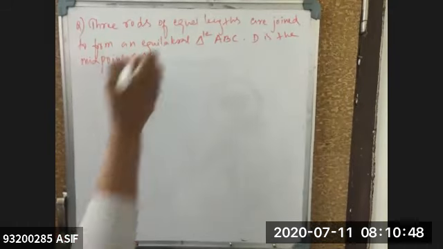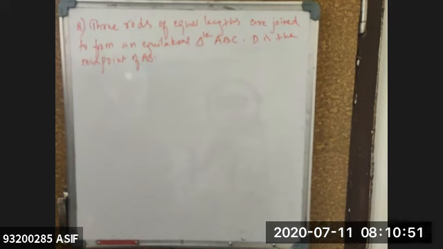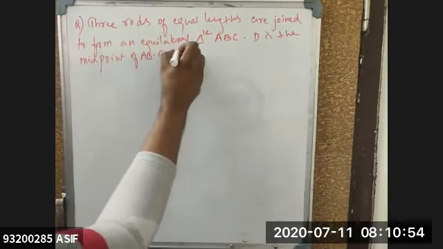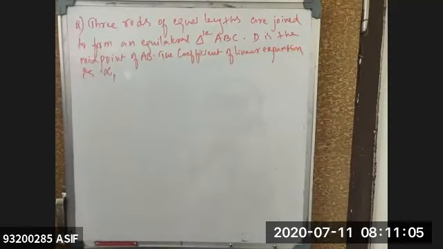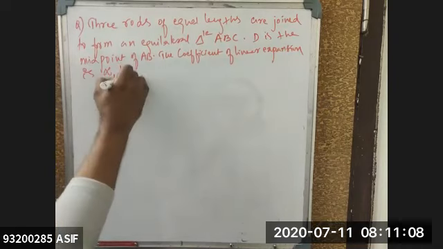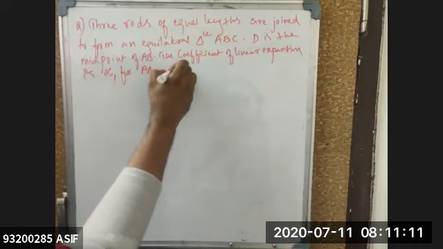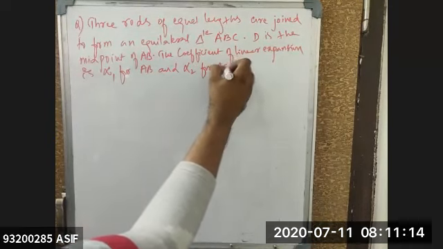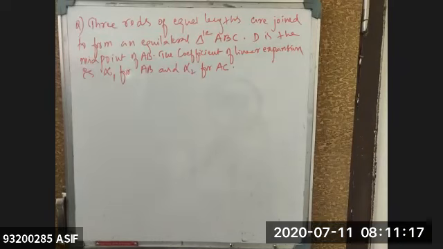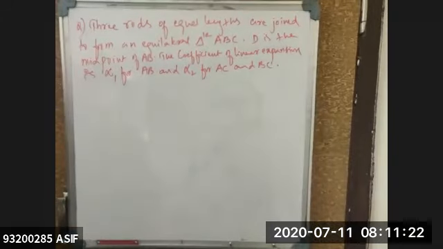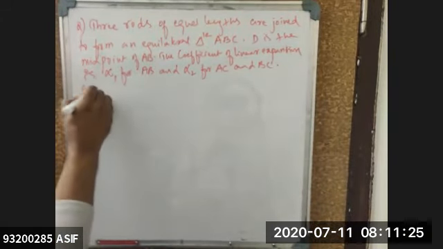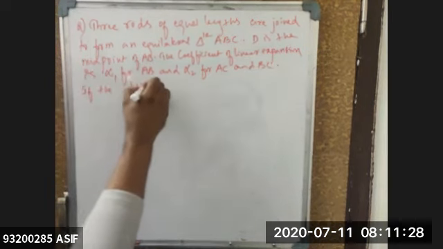The coefficient of linear expansion is alpha 1 for AB, and alpha 2 for AC and BC.